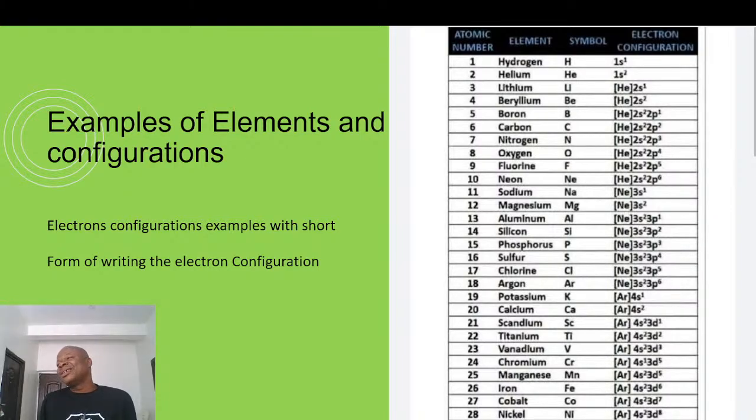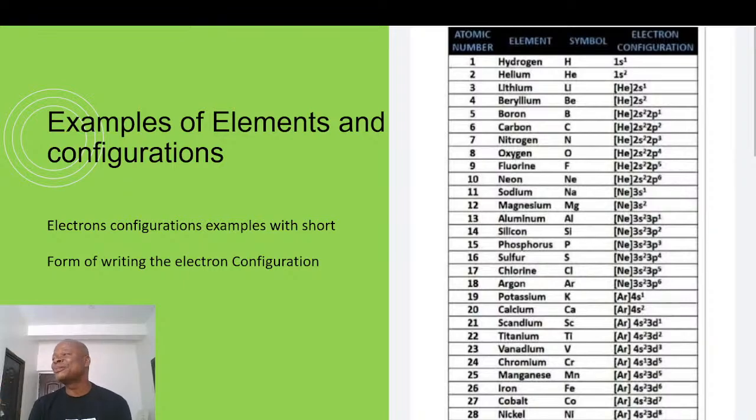I don't know if you're understanding what I'm saying. Instead of us beginning from the beginning and getting to lithium that has atomic number 3, I now use He. That He there stands for 2. Then if you remove 2 from an element that has atomic number 3, what should remain is 1, right?